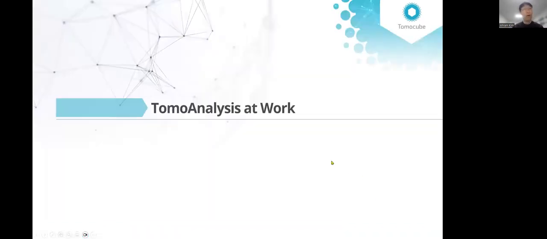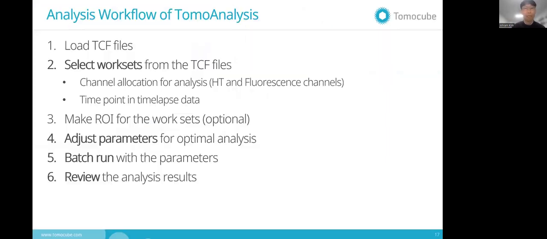So let's see how TomoAnalysis works in reality. The first thing that we should know about TomoAnalysis is how the workflow goes. First, we select the files and select what kind of modalities we will use. And when the data contains time-lapse data, we need to select the time point.